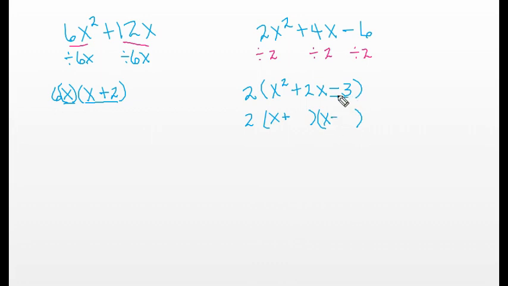And I know that the only factors that I can multiply together are 1 and 3. So I can do negative 1 times 3 to give me negative 3, or I can multiply 1 times negative 3 to give me negative 3.